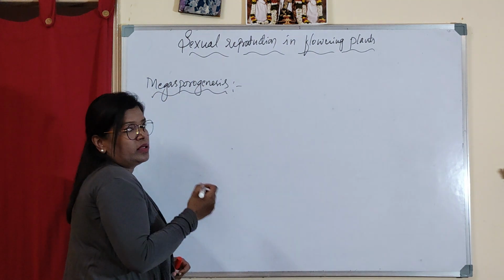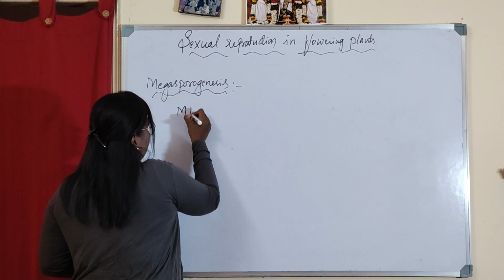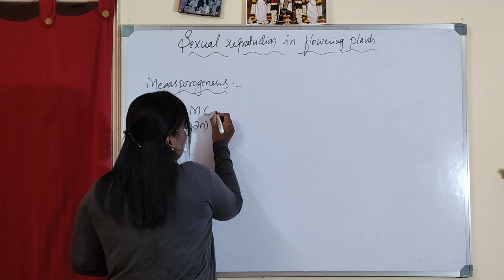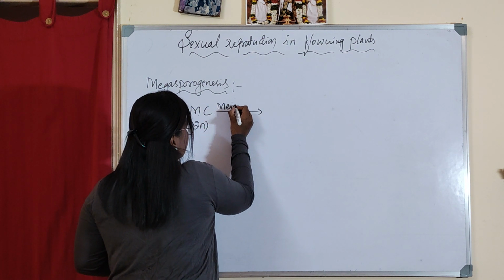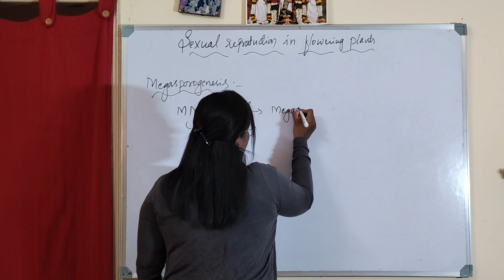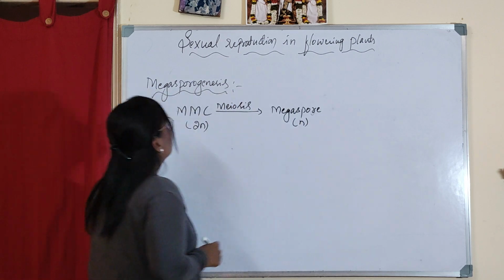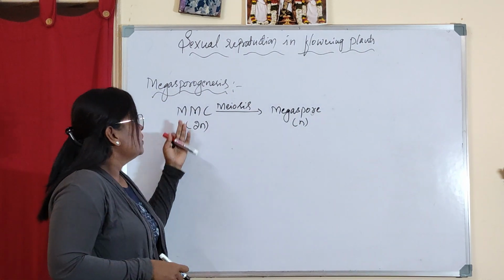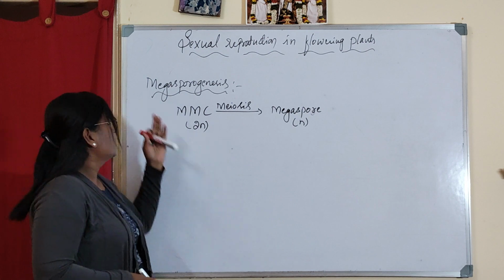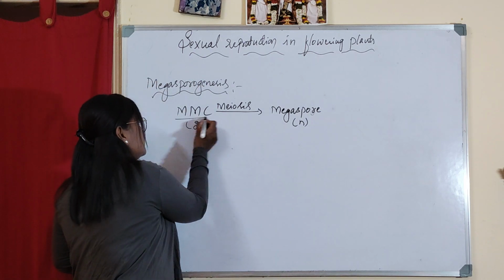The megaspores are formed from the megaspore mother cell, which is diploid. The megaspore mother cell undergoes meiosis, one meiotic division, and forms the megaspores, which are haploid. This process of formation of haploid megaspores from the megaspore mother cell through meiosis is called megasporogenesis.